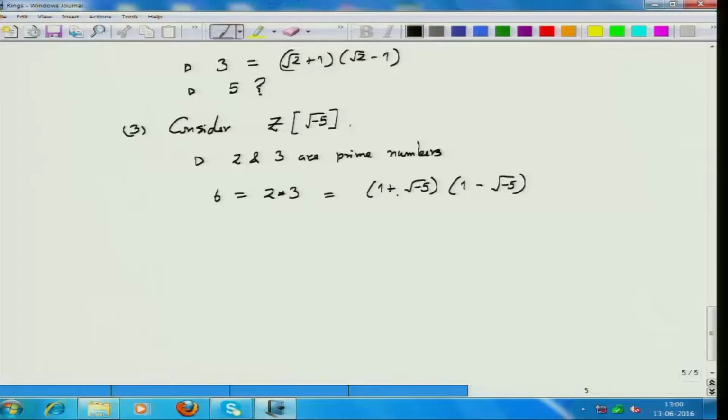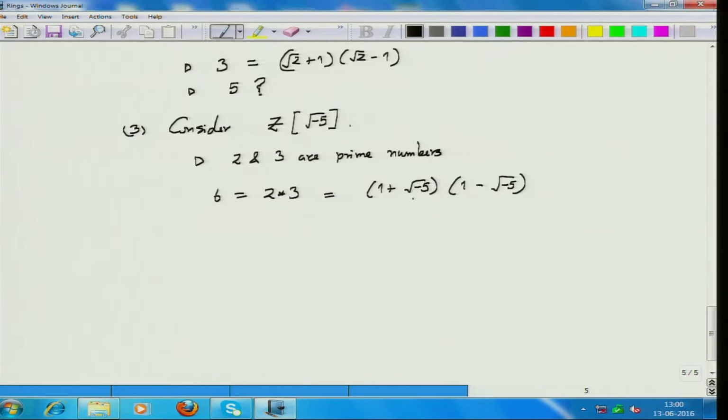Look, maybe these are not prime numbers. One could say 1 plus square root of minus 5 maybe is not prime. If it is not prime, it will factor further into prime numbers, and this will also factor further into prime numbers. Eventually, it will have at least 2 prime factors, and this will also have at least 2 prime factors. So there will be at least 4 prime factors, whereas in here, there are only 2 prime factors.